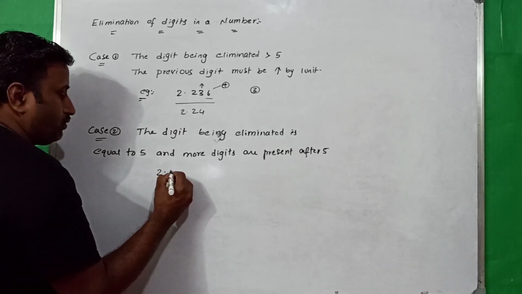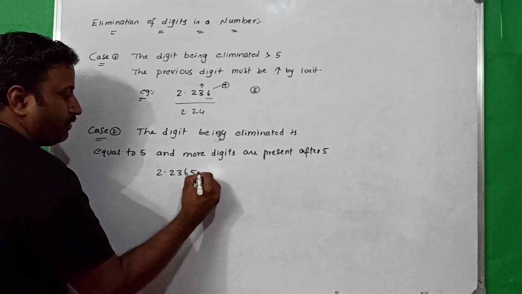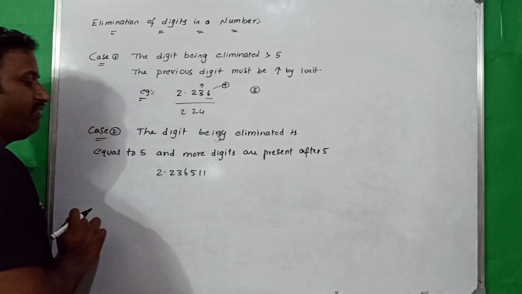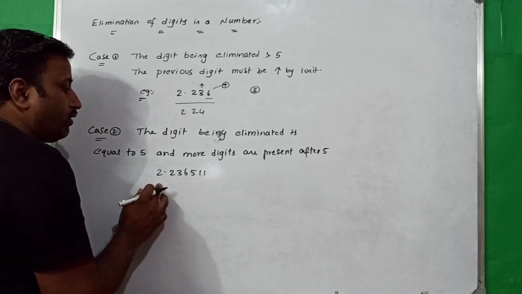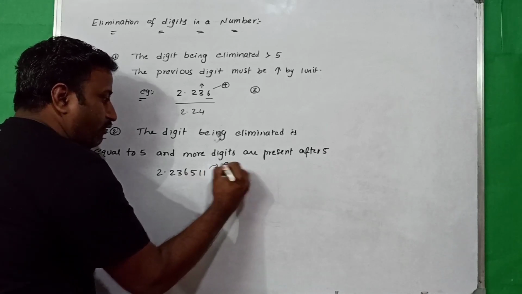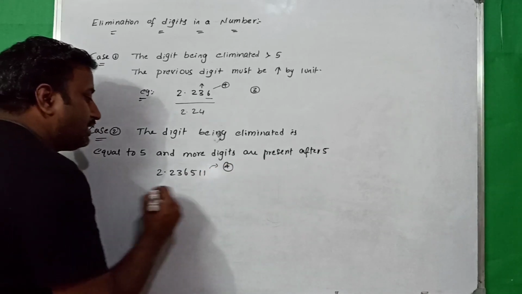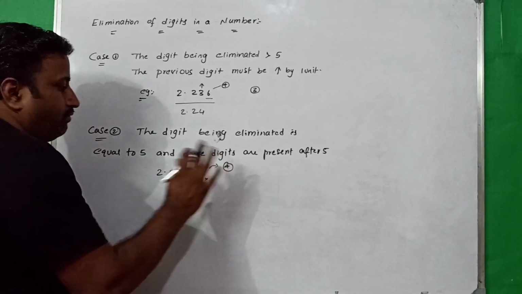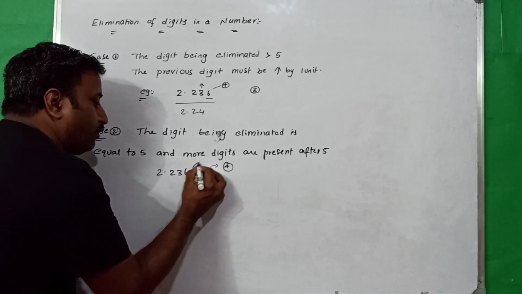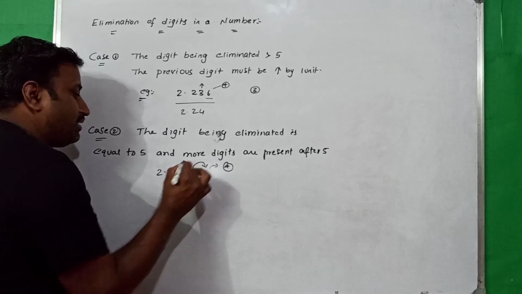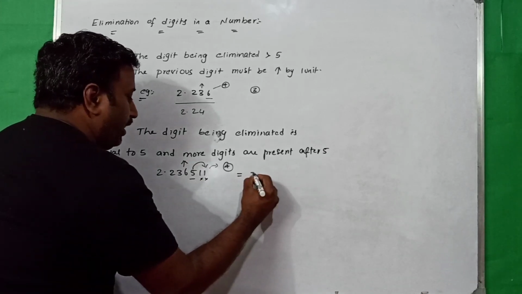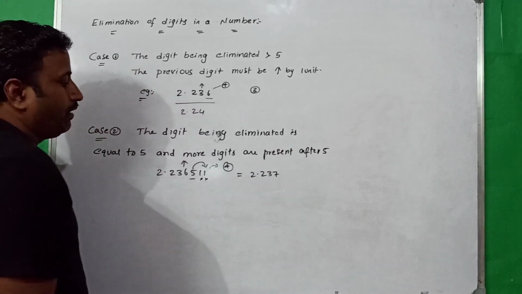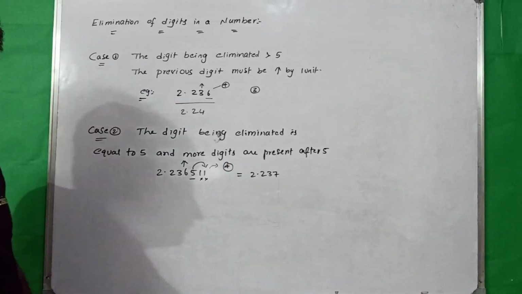Example, 2.236511. Here we have 7 significant figures. I asked to write this in 4 significant figures. In such cases, we have to eliminate 5 as well as remaining digits. So after 5, if any digits are there, then you have to eliminate all this by raising the previous digit by 1 unit. Then answer will be 2.237, because we are eliminating 5 and the rest of digits.